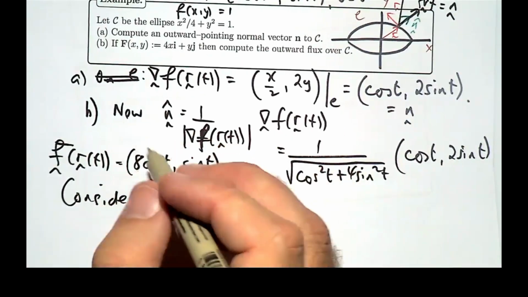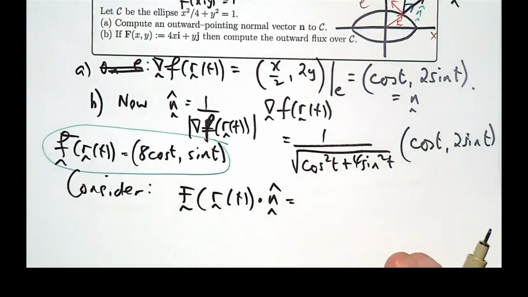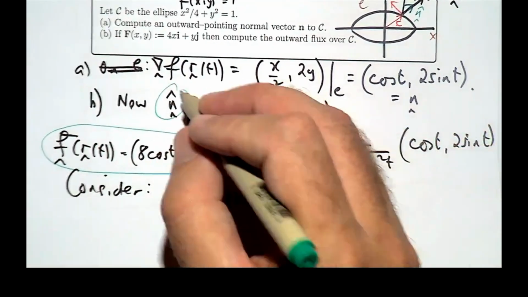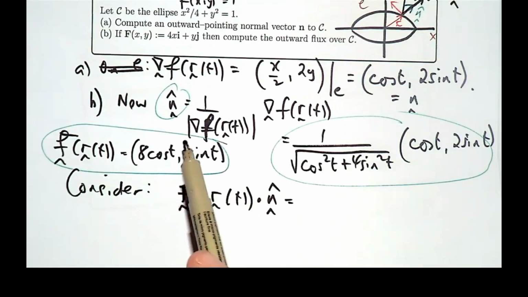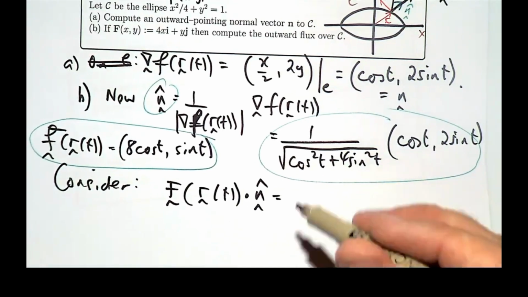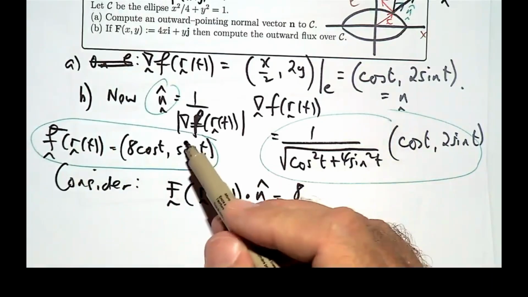So bring together this and our unit normal vector, which is this. It looks like a mess, but things are going to simplify. So it's that times that plus that times that.